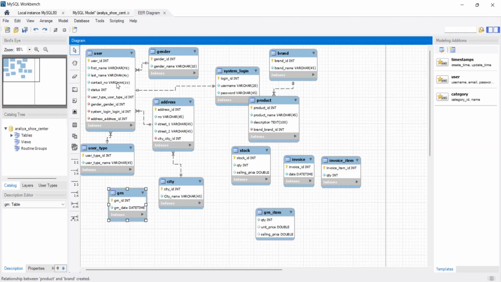One user can generate many GRNs, but a single GRN can only be generated by one user. So it is also a one-to-many relationship. The many side should go to GRN.